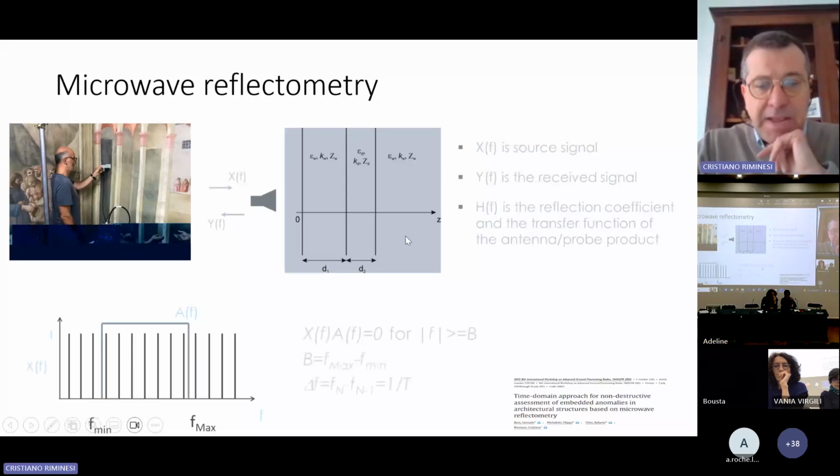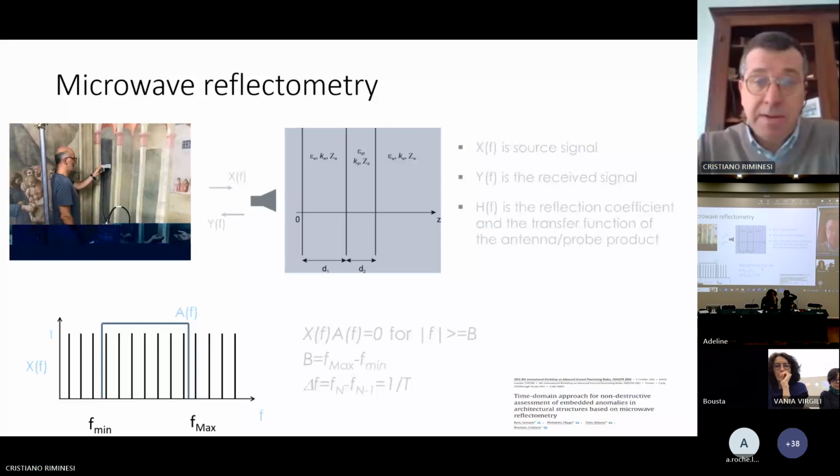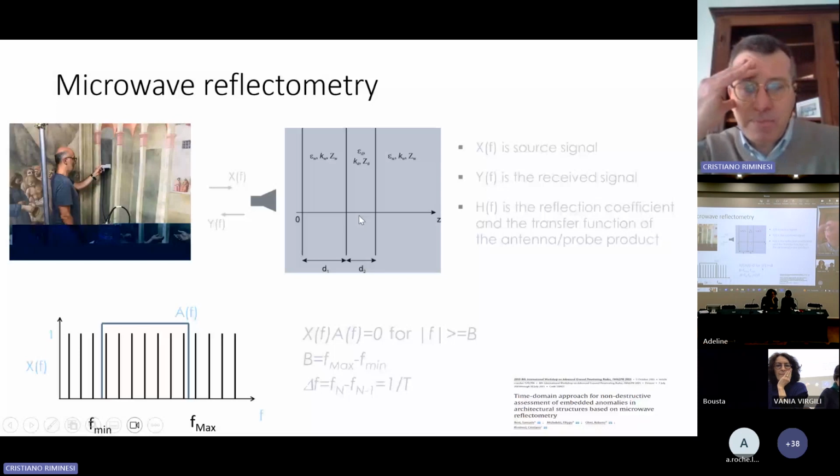Our intention is to understand where the position of this gap is and what its size is. In order to do that, we must recover the information through physics.